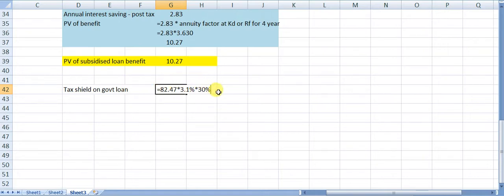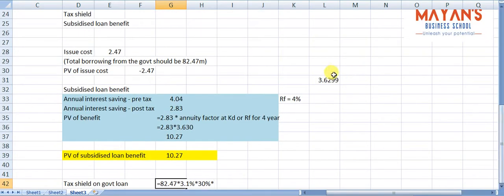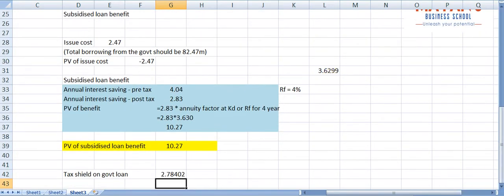This is the annual tax saving. I repeat, this is the amount of interest you are paying. Then you multiply by the tax percentage. So you get annual tax saving. Then you multiply by annuity factor, because this is every year. So you get 2.78. Right? That's a benefit for you. Tax saving, isn't it? Tax saving benefit.